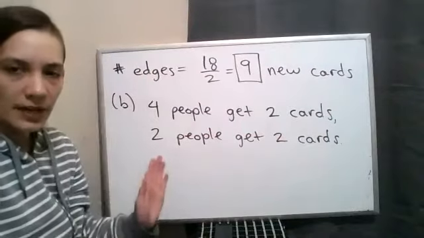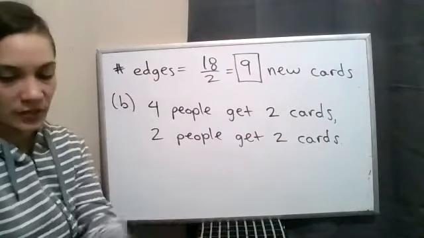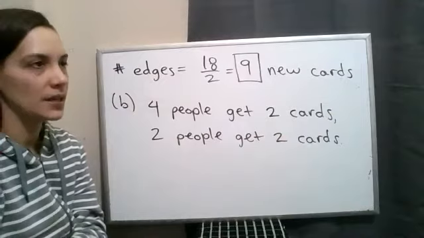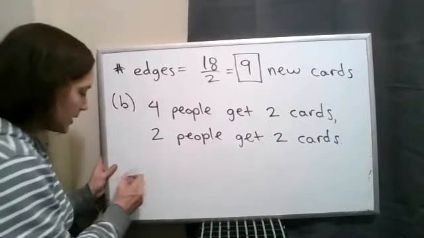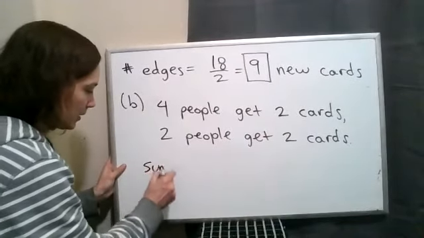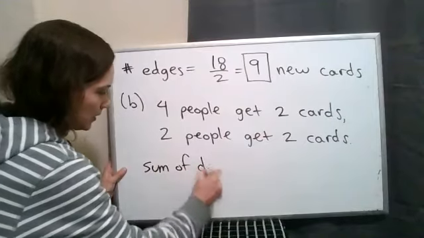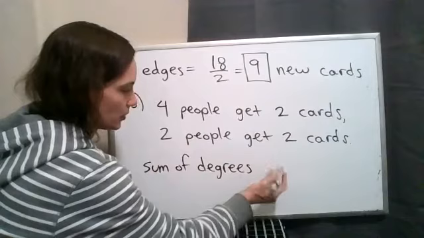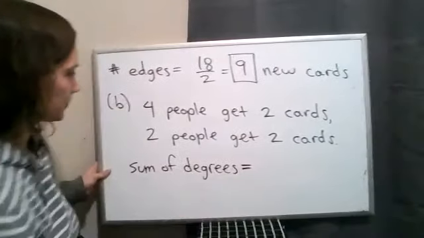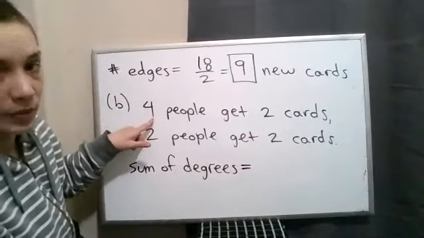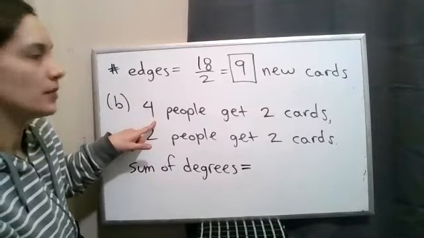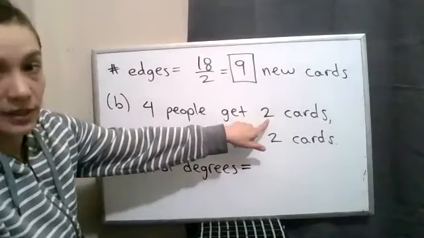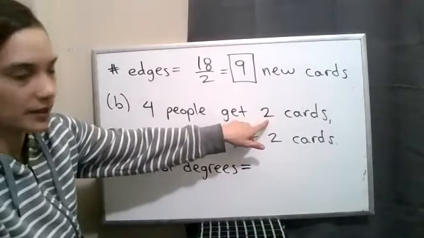Okay, I'm going to try to write out the sum of degrees first, and then we're going to piece together a graph. So the sum of degrees should be equal to 4 people, or 4 vertices, and then each of them has degree 2. Each of them got 2 cards.